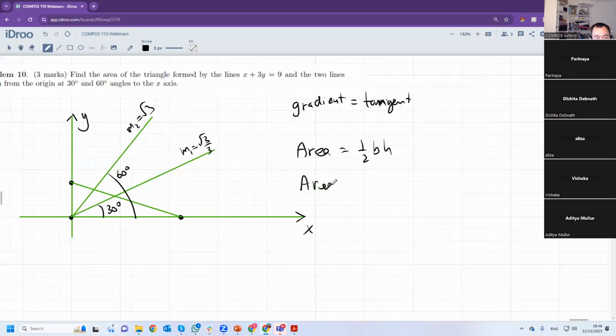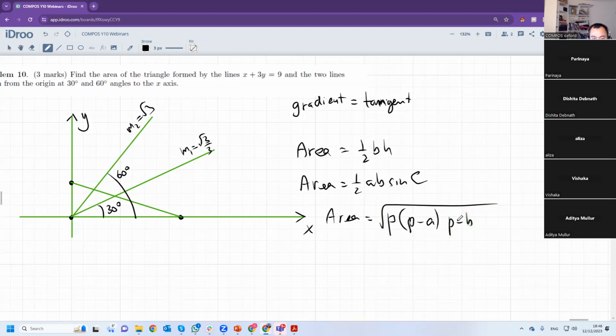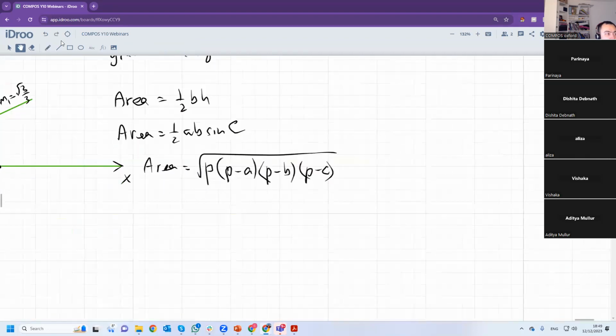Or you can use area is equal to 1/2 AB sine C. Or you can use Heron's formula: area equals the square root of s times (s minus A) times (s minus B) times (s minus C), where A, B, and C are the sides of the triangle, and s, the half perimeter, is A plus B plus C over 2.